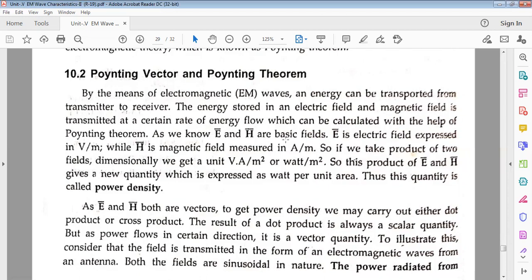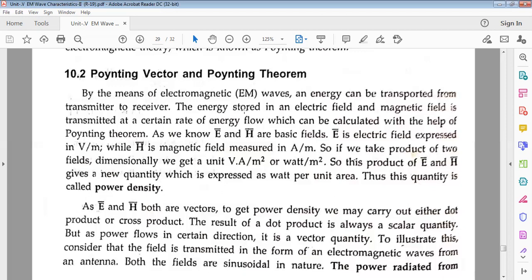Volts and amperes together we can call a power, so it is watts per meter square. So this product of E bar and H bar gives a new quantity expressed as watts per unit area. Thus, this quantity is called the power density.